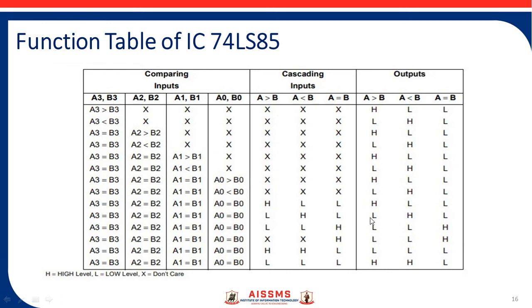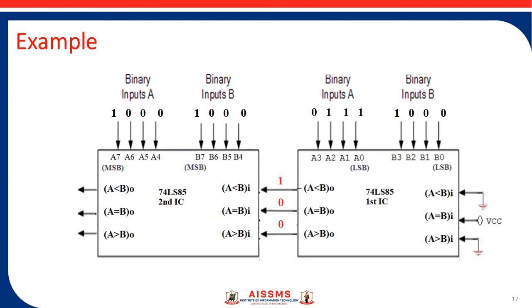So the output for this condition is LHL. So this IC will give A less than B high, and A equals to B and A greater than B low. A less than B is high, A equals to B and A greater than B are 0.